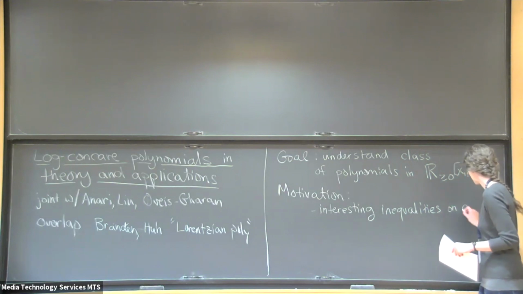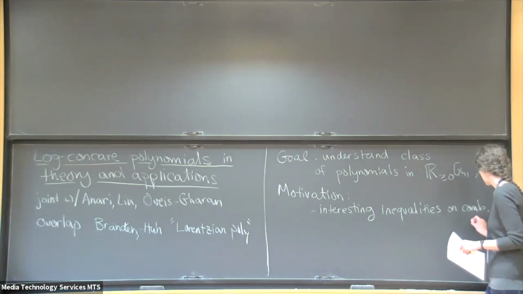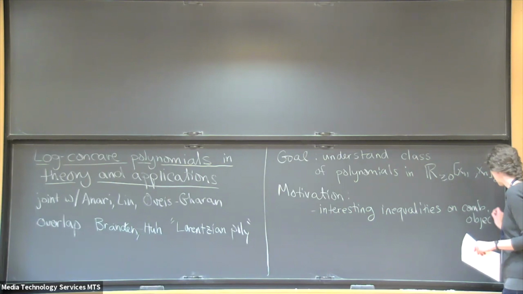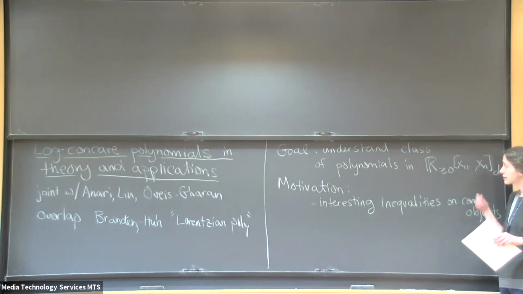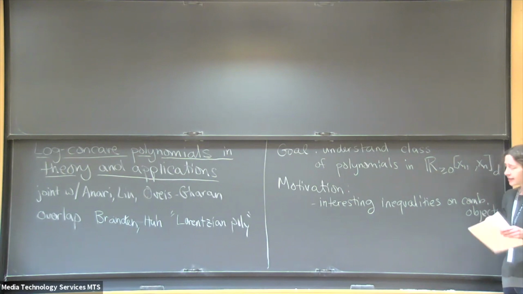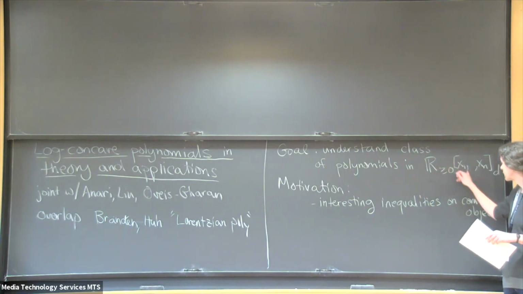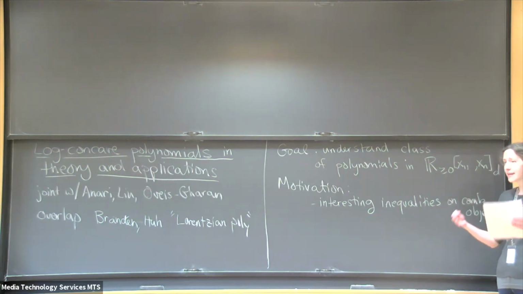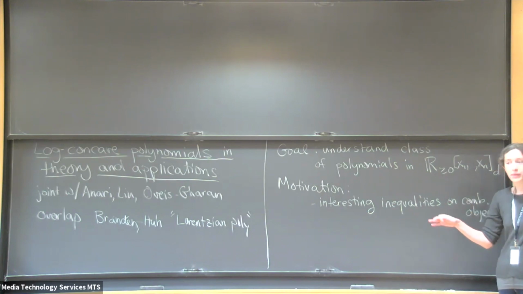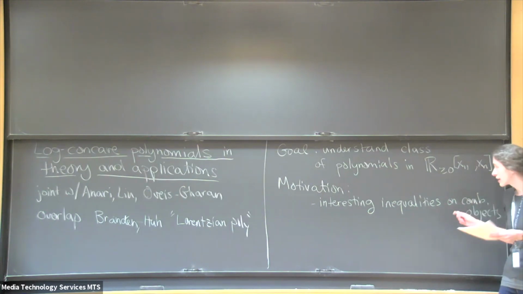I'll be fairly vague right now on combinatorial objects. And then from a computer science standpoint, one reason to do this is that if you associate to such polynomials discrete distributions, it turns out that they have nice properties with respect to approximate sampling and approximate counting.